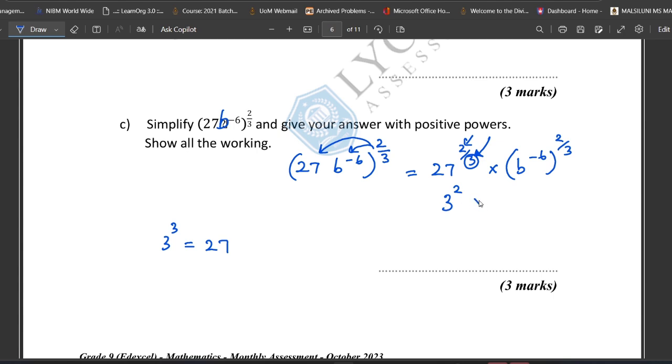So 3 squared times, and these two are power for power, so this happens like multiplication. So now the answer is 3 squared times b to the minus 4. So minus powers means we can write it in the bottom like this.